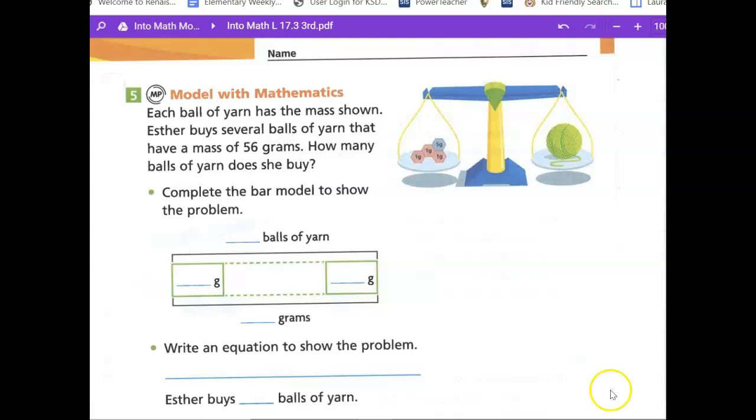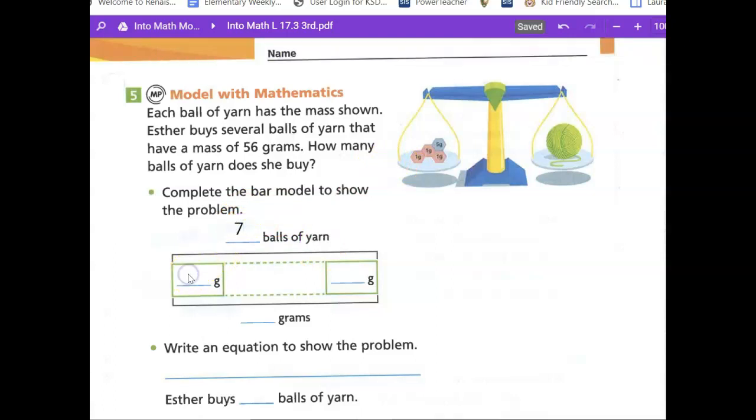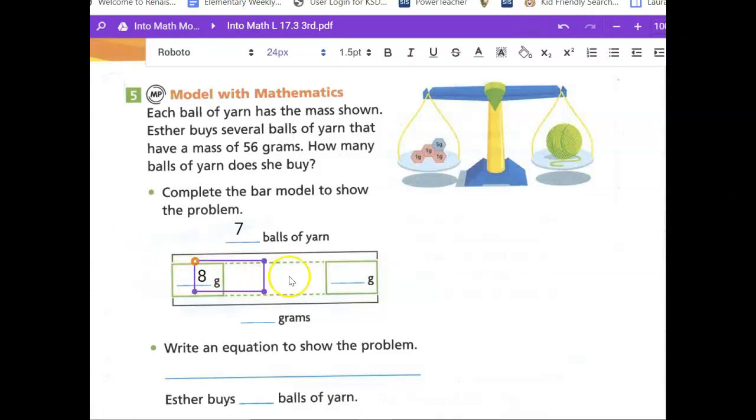Well, if we look at our model up here, we can see that each ball is 5, 6, 7, 8 grams, and we have 7 balls of yarn that she buys. So these would be 8. Now remember, when we have these little dotted lines, that means that they're not going to make all the boxes.